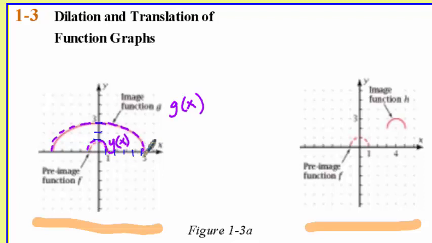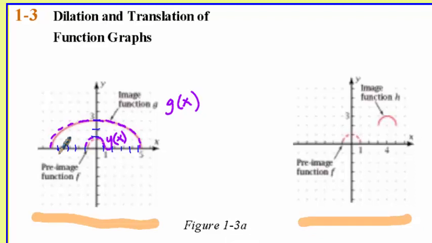So every portion on the graph of g of x is 5 units away from the y-axis, and 3 units above or away from the x-axis. Now that's the image function of the function f of x. So we're going to talk about dilations.